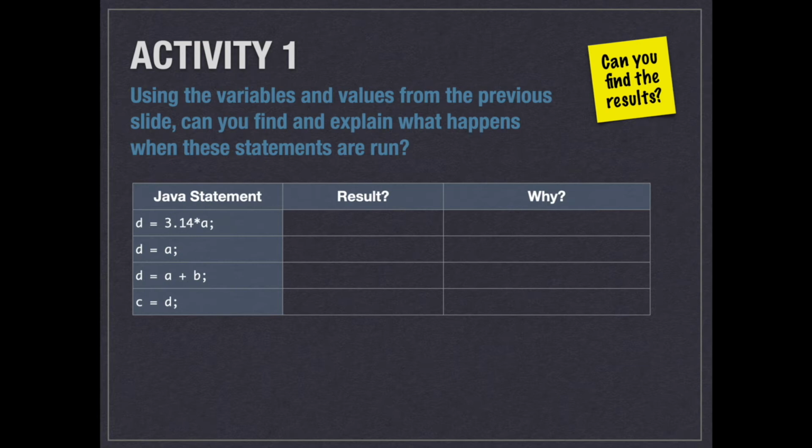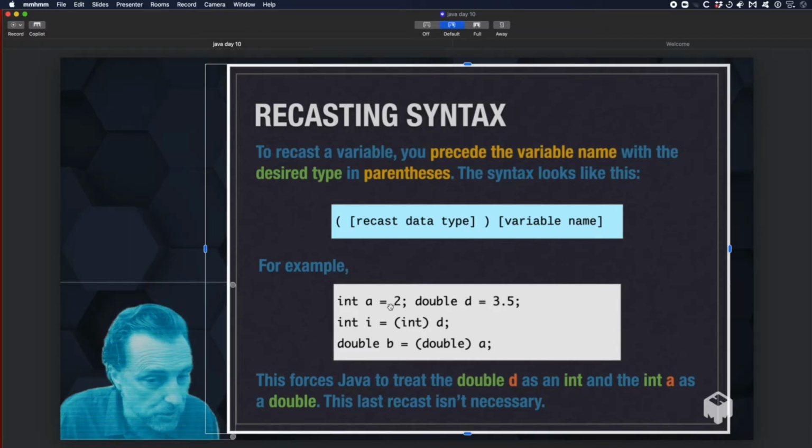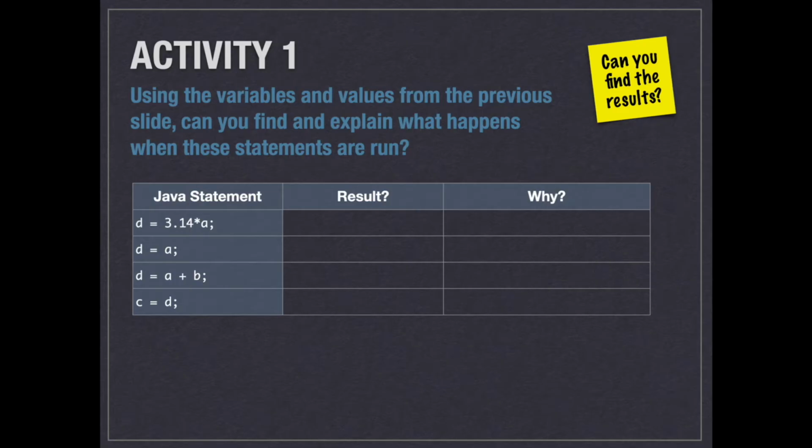Here we're just looking for the number, the result. So you have to go back and look at what the value of A was. It's not really super important, but A is 2 on the previous slide. But we have a mixed data type, so what's Java going to do? D is a double, so the result will be assigned into a double precision floating point number. 3.14 is a double, but A is an int.